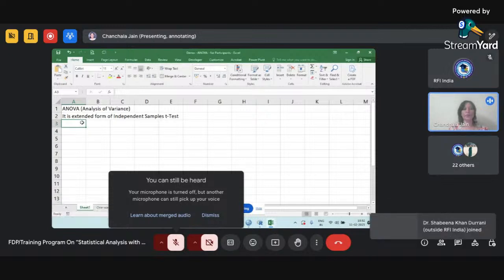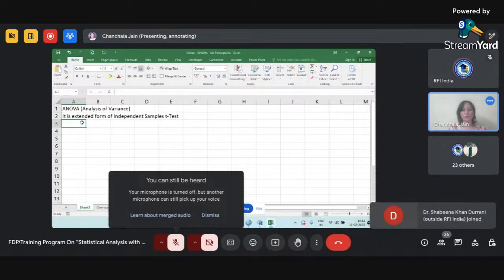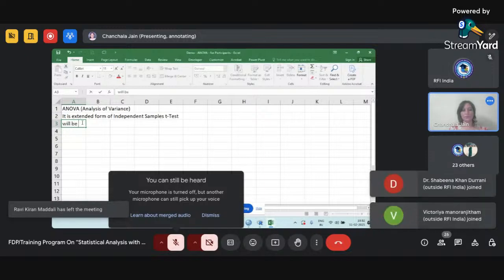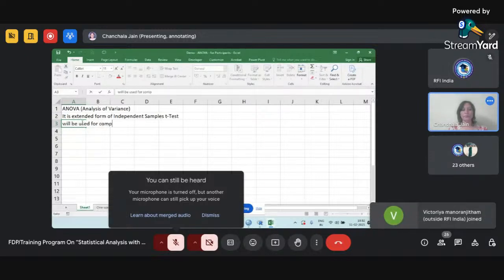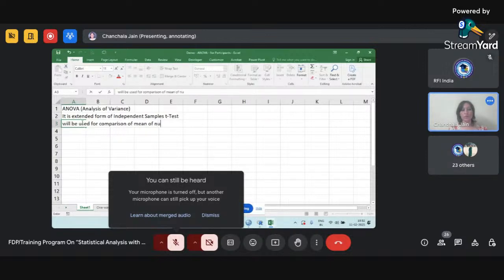Meaning that it will be used for comparison of means, right? So it will compare the mean of a numeric variable.